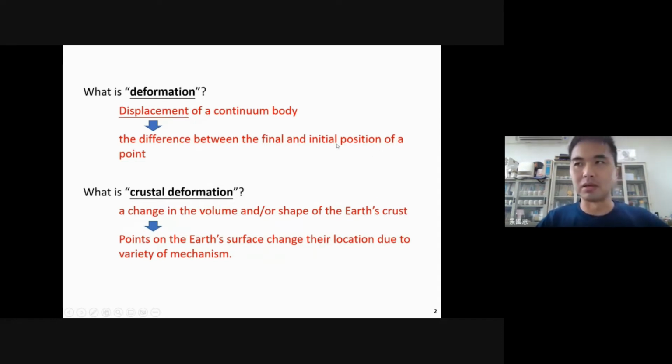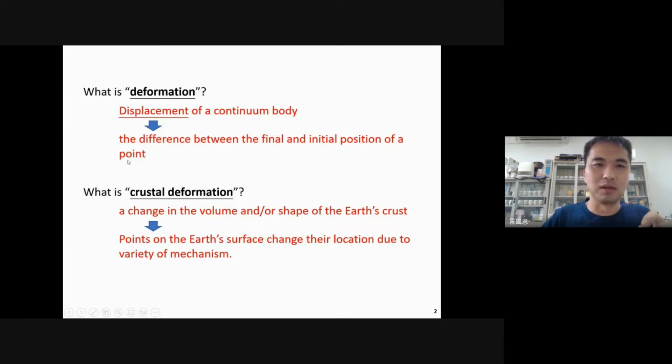Please notice that when we talk about displacement, even deformation, if we want to use any method to monitor one place, we always need to identify a point.